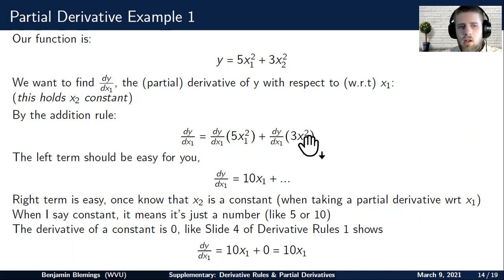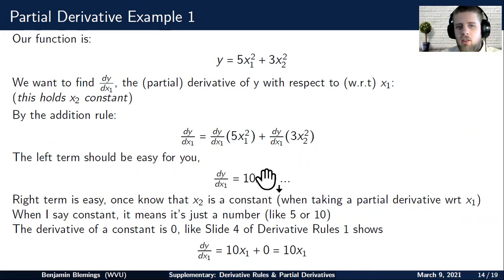The left term is pretty easy. It's just 2 times 5, and then 2 minus 1, and we get 10x1 on the left side, plus whatever the derivative of this is. And remember when I said that x2 is a constant because we're not differentiating by x2?